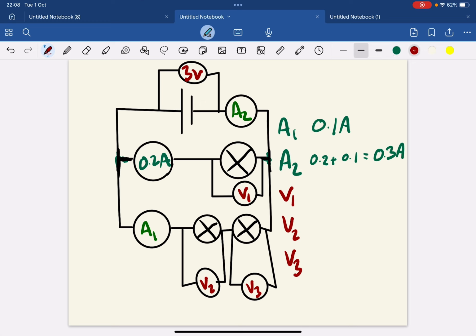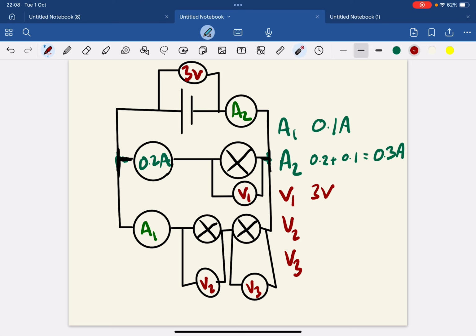For our potential difference here, we know in a parallel circuit, each loop is equal to the total potential difference. So the potential difference of this cell is 3 volts. So this loop here will also need to have a potential difference of 3 volts, which is why V1 is going to be 3 volts.